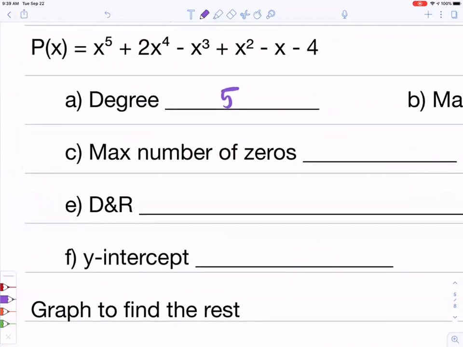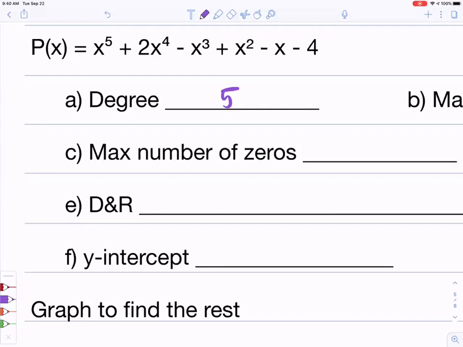Again, part C, a new concept for chapter 4. What's my maximum number of zeros? Now, before you answer that question, what's another word for zeros? Solutions, x-intercepts, roots. Okay, so I could ask this question in any of those ways. I could say, what's the maximum number of roots?